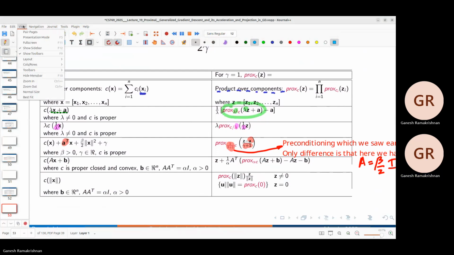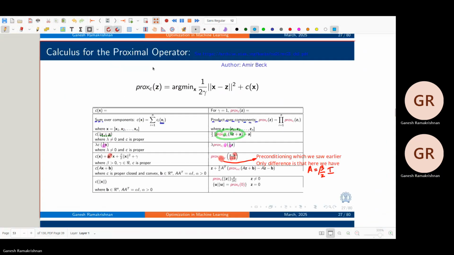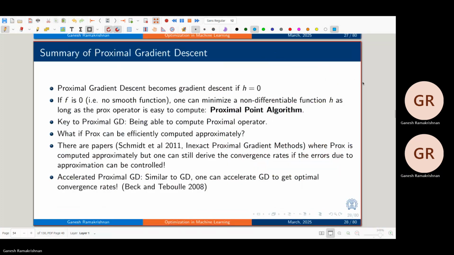Okay. So these are not as interesting, honestly. I want to move a little fast to the projection part, which is more interesting. This you can derive. Some of them, as I said, are a little sanity check.